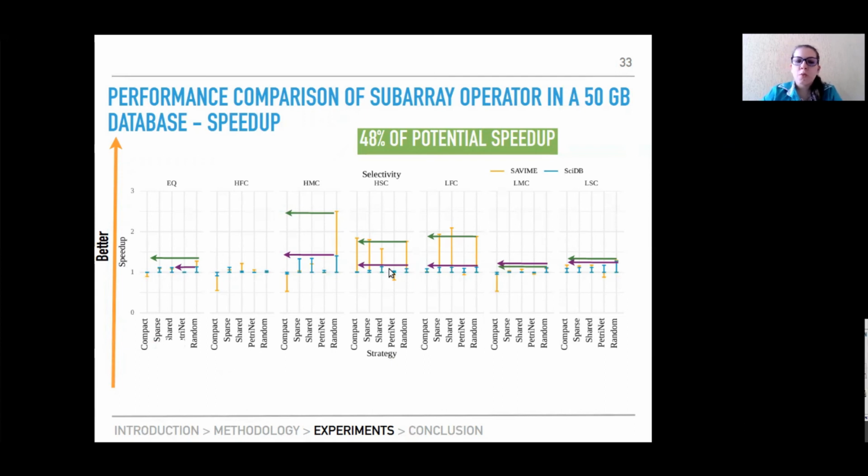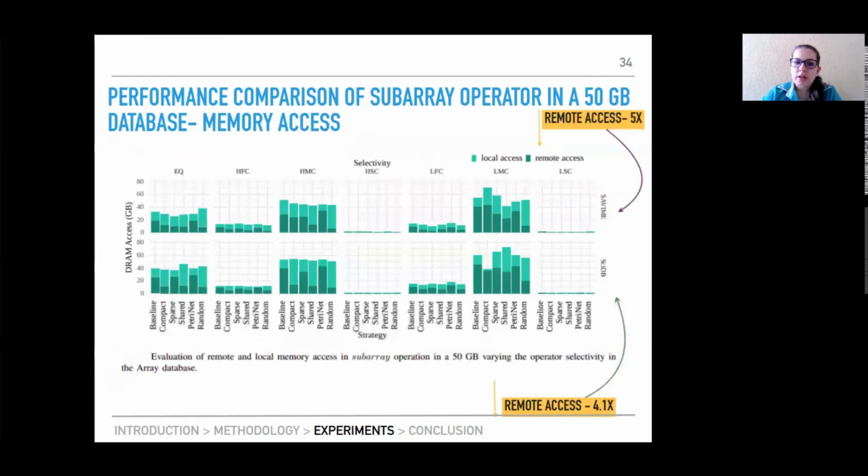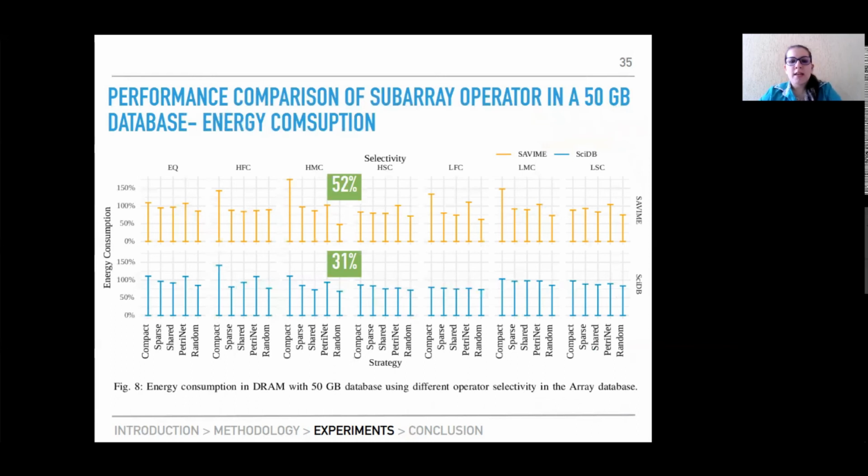In this result, we observe that when we have high selectivity and the query is executed in almost all chunks, the speedup potential can be up to 48%. Again, the results are reflected in memory access, reducing the remote access in Savime 5 times and SciDB 4 times. Next, we analyzed energy consumption by main memory. Understand that it's only part of the energy consumption of the architecture.